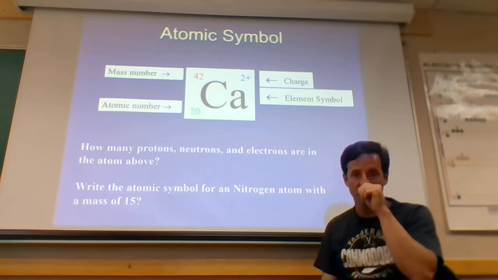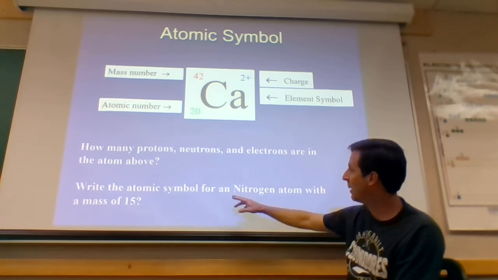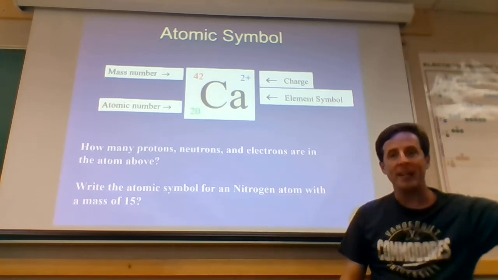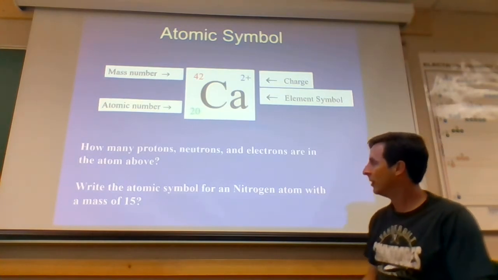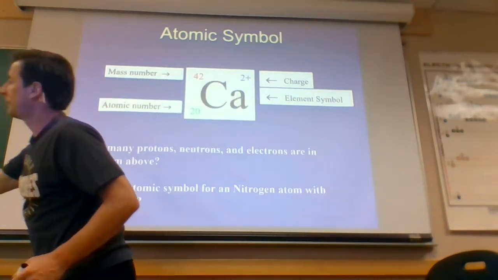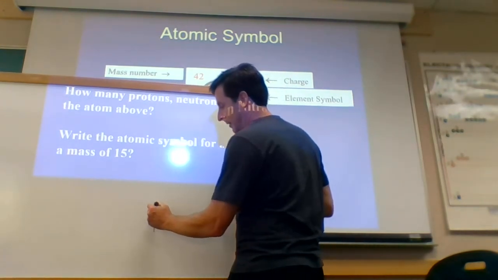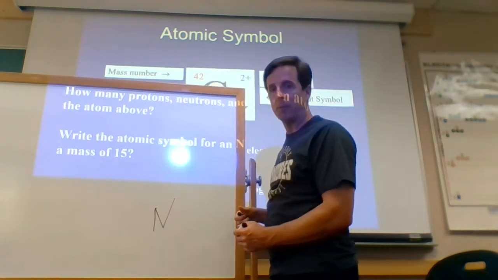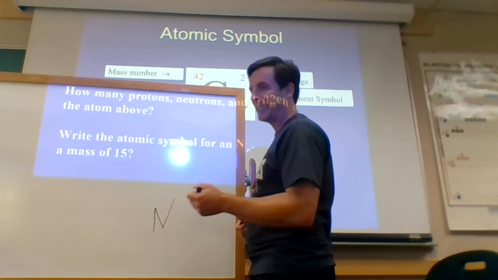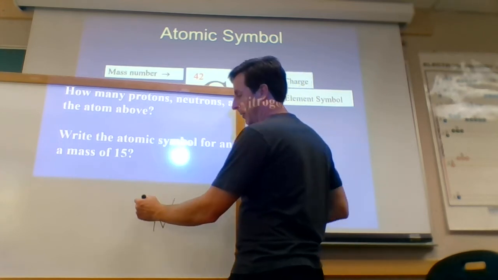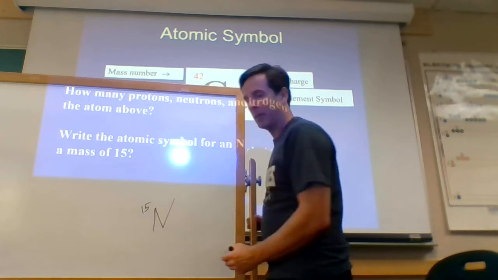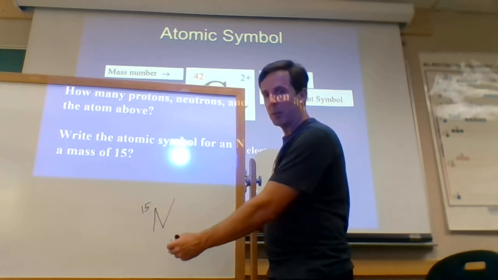All right, so then the question is, can you write the atomic symbol for a nitrogen atom that has a mass of 15? So, real quick. Nitrogen's N. So you write your symbol. The mass number goes in the upper left, so it's 15. The atomic number goes in the bottom left.